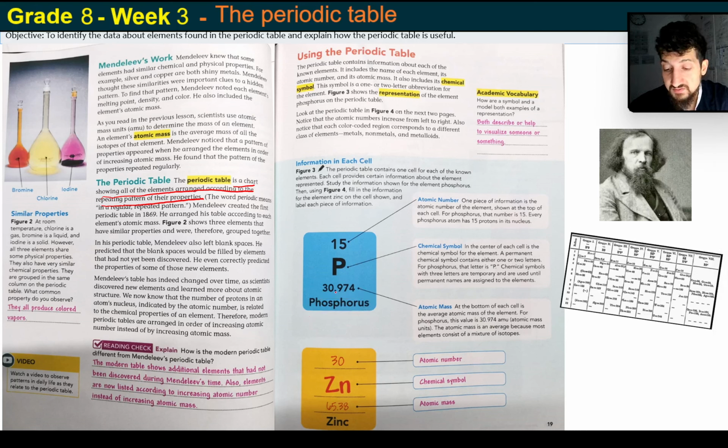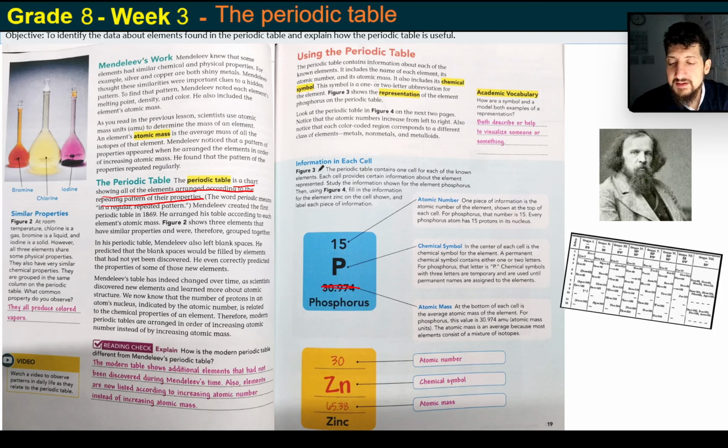Here we've got a representation of phosphorus, and over here you've got the atomic mass. Most of the time we don't have these decimal places, especially at this stage. What we have is a nice round number, which makes sense because you can't have parts of neutrons or parts of protons.